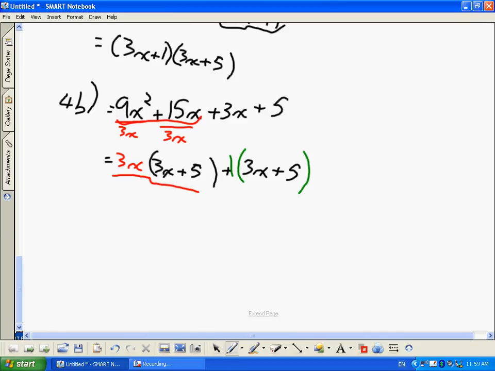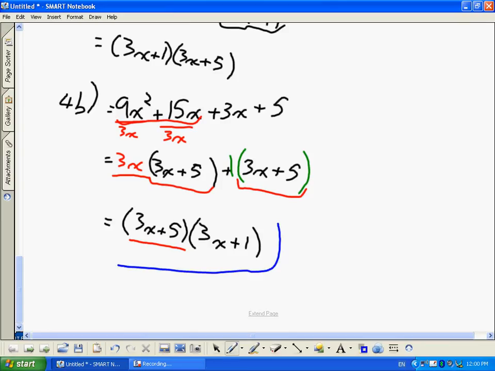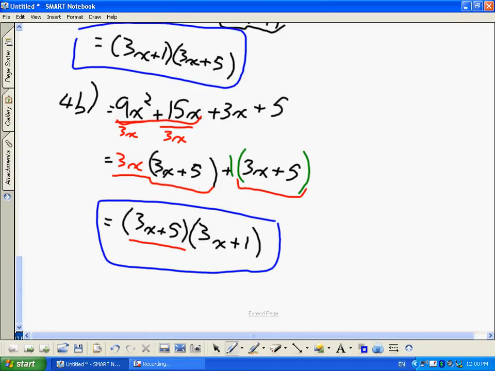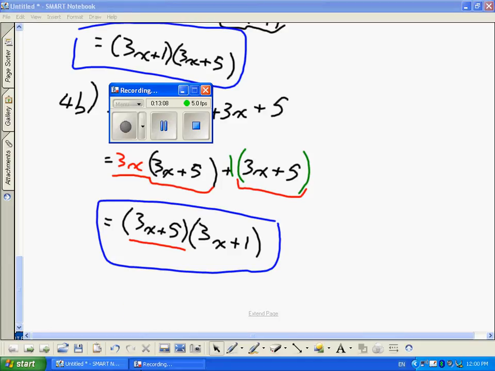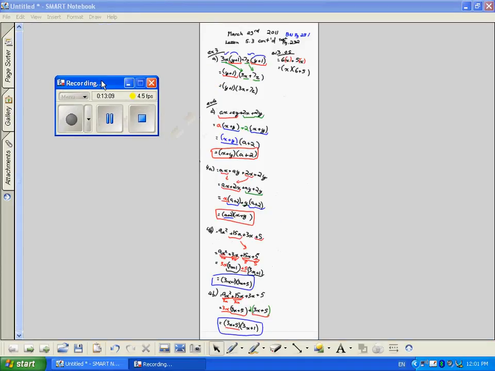So when I go to pull these brackets away, because they're the exact same, I put the bracket on the outside, 3x plus 5, and then whatever's left, 3x plus 1. If you guys notice, it's the exact same answer that we got before, just the brackets are in a different order. You just had to think a little for that one. Record that.